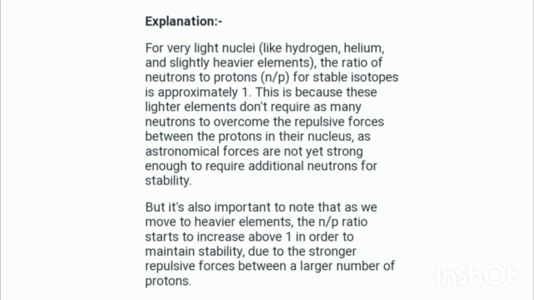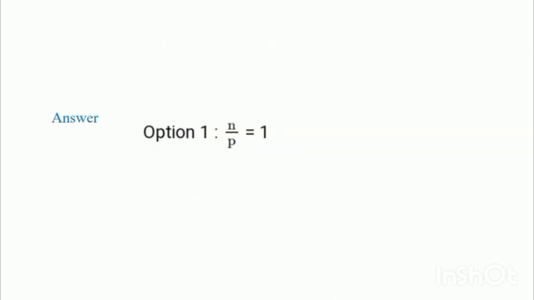But it is also important to note that as we move to heavier elements, the N by P ratio starts to increase above 1 in order to maintain stability, due to the stronger repulsive forces between a larger number of protons. Hence, the correct answer is option 1, N by P ratio is equal to 1.